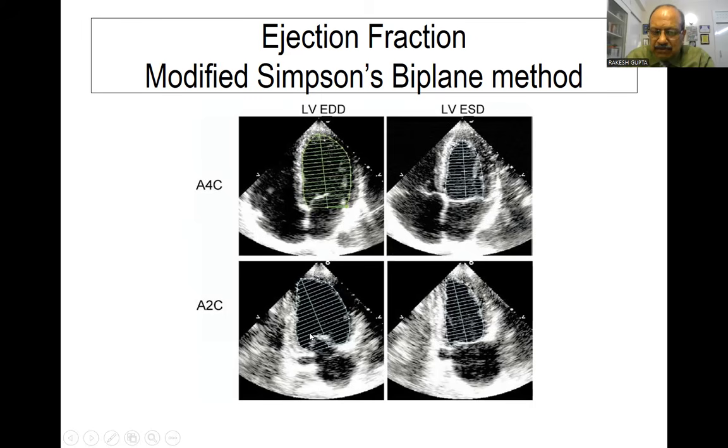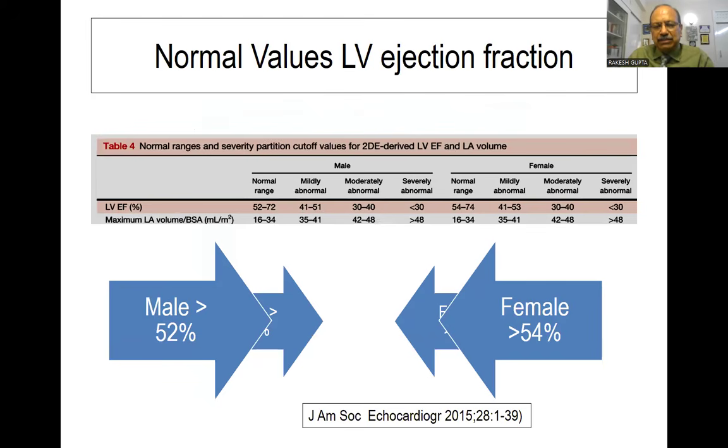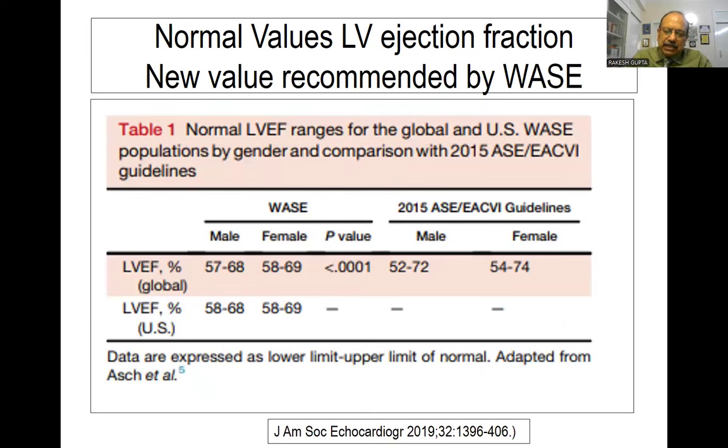Then we go to the 4-chamber view, 2-chamber view, diastole and systole. We calculate and then we average them up. We call it the modified biplane Simpson's method. More than 52 for males, more than 52 for females is said to be normal. But it is likely to be revised in the next 10 years to 57 for males and 58 for females.